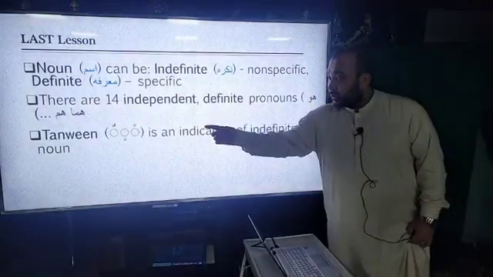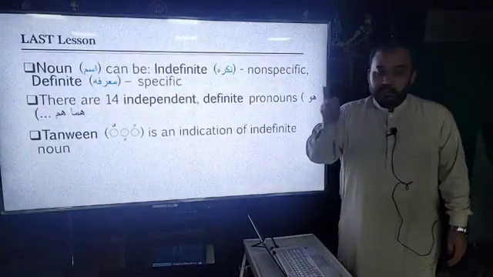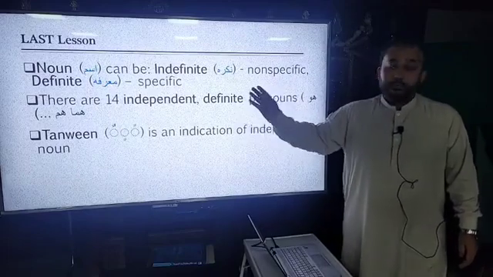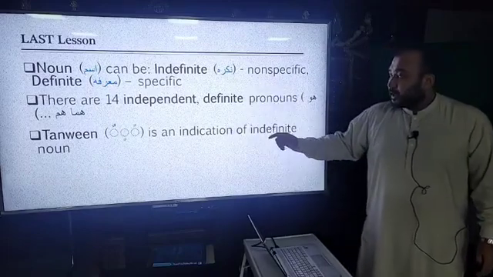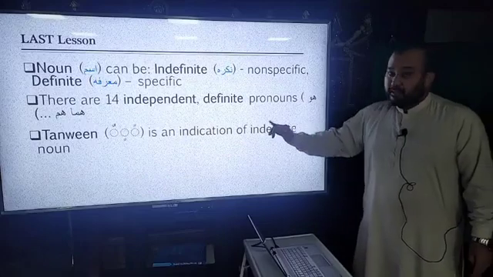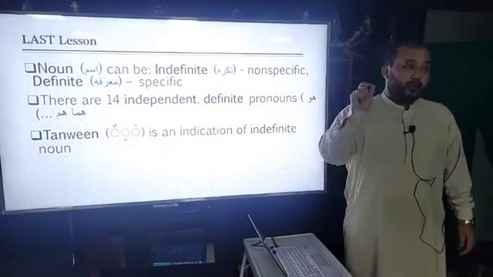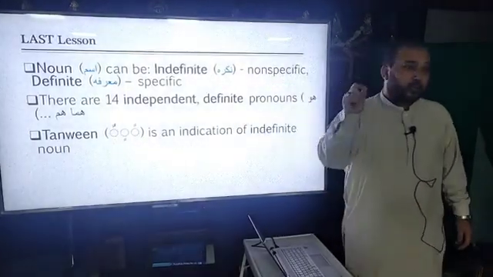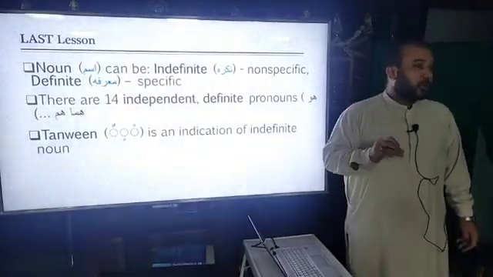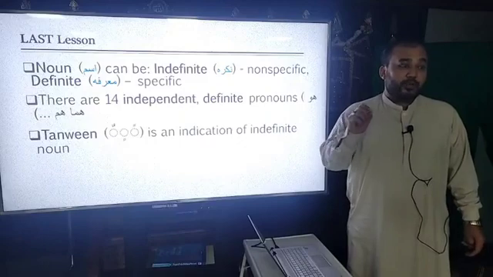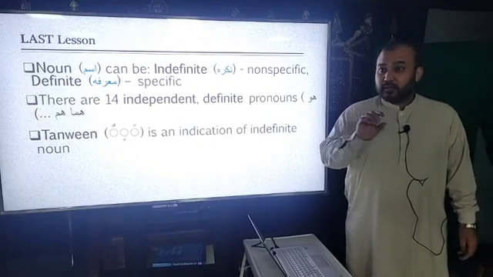And we looked at the tanween, so the 2 fathas, an, in, un, 2 fathas, 2 kasras and 2 dhammas. This is an indication of an indefinite noun. So if you read in the Quran and you find these signs under or on top of the words, you know that you translate with a instead of the.